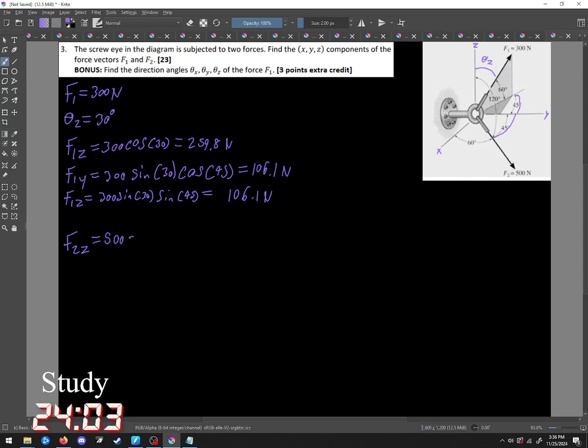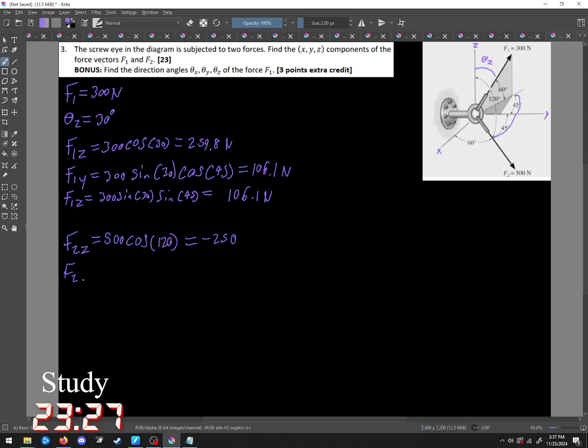It's going to be 500 cosine of... looks like 120, which I'm getting to be negative 250.